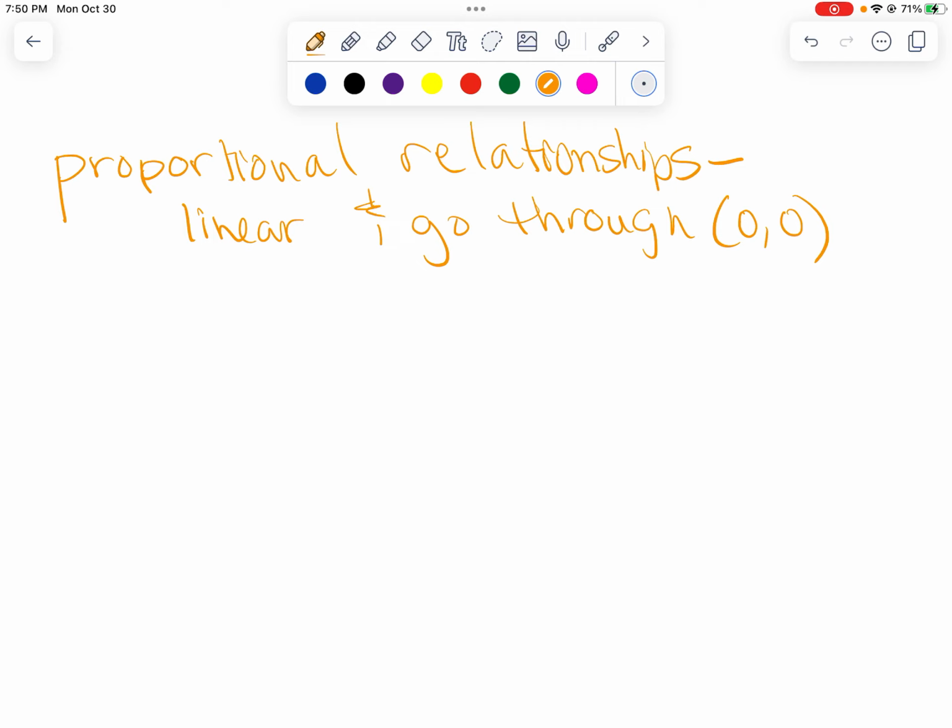The other thing that I want to make sure that I talk about back here is: is it linear? How can you tell if it's linear or not?